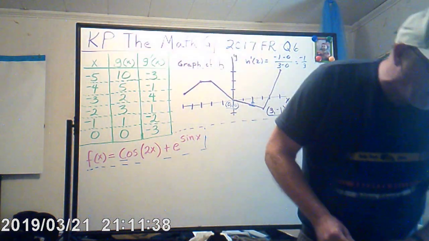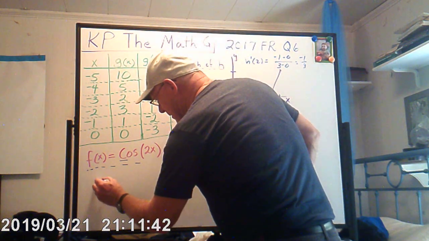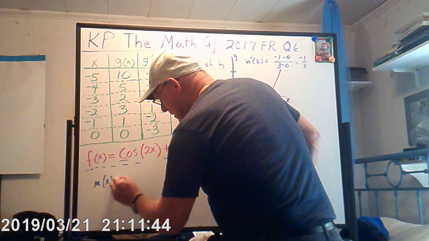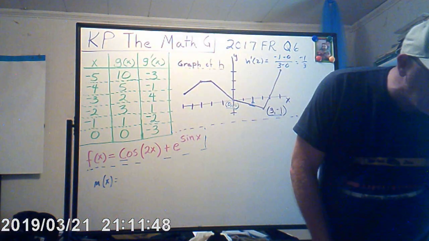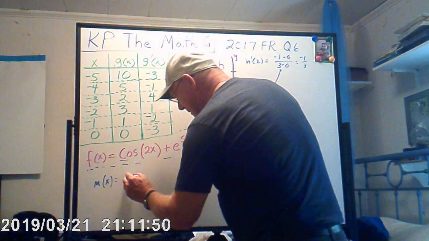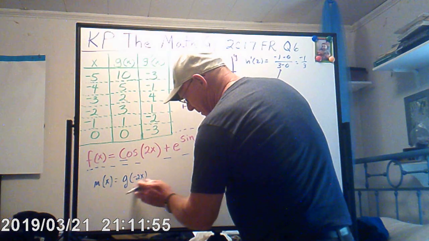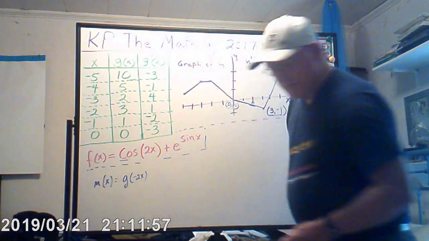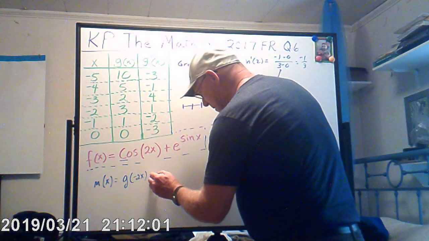So m at x is equal to, let's see, g at negative 2x times h at x.